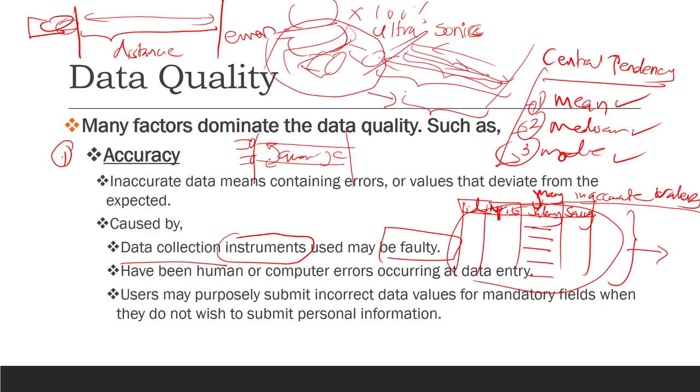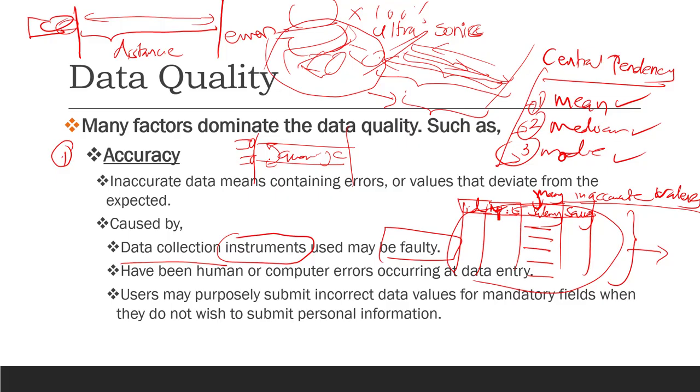So just take a note: one way is to use more sensors or more devices to sense the information, then take the average value to reduce the inaccuracy caused by instrumental errors.